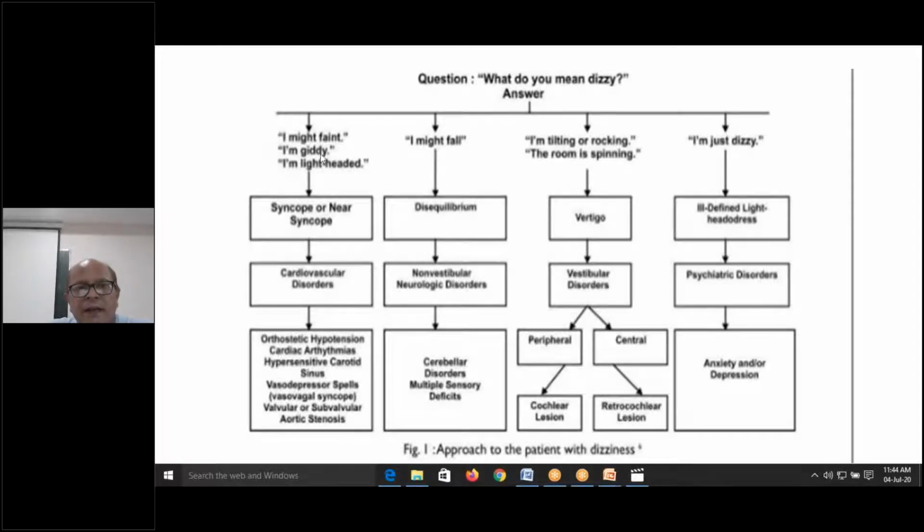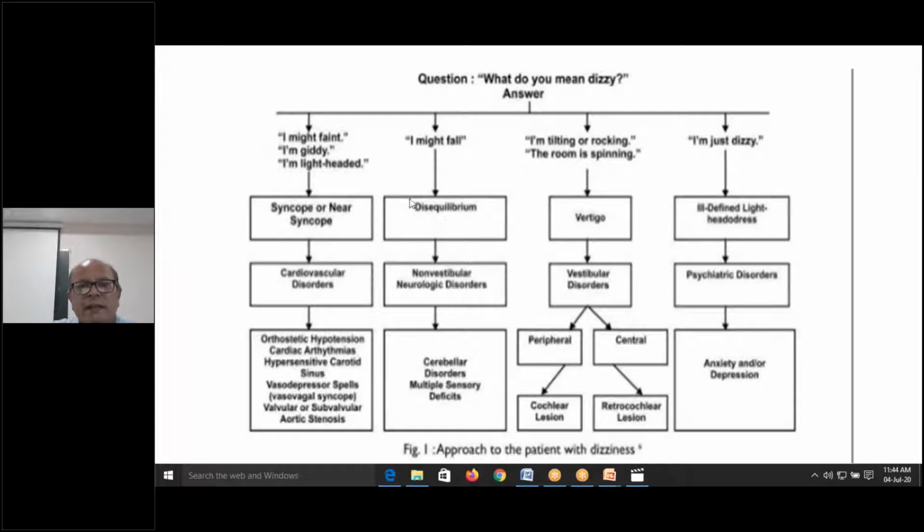I might faint, I'm giddy, I'm lightheaded. So all this suggests syncope or near syncope, like blackouts. You ask the patient, are you having blackouts? And then for syncope or near syncope, usually you search in the cardiovascular disorders like orthostatic hypotension or arrhythmias, etc. I might fall.